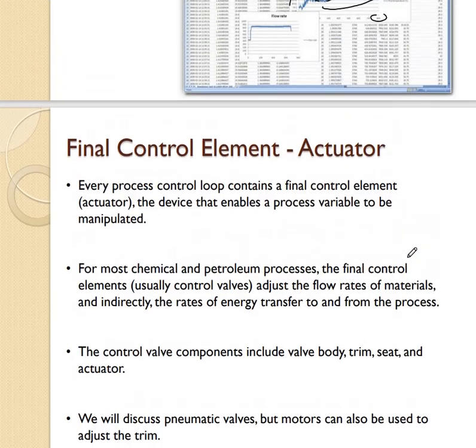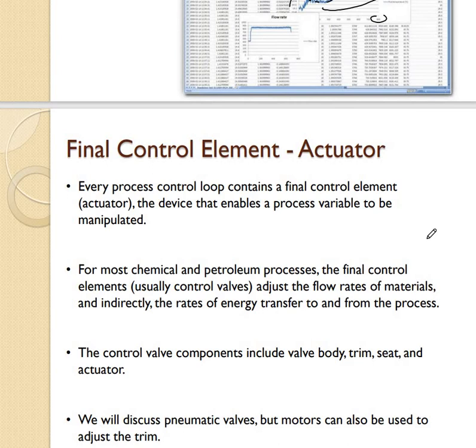Now I move to the final control element, the actuator. This actuator is mainly used inside every process control loop. It is a device that enables a process variable to be manipulated. The most common actuator that we use inside chemical or petroleum processes is the control valve.